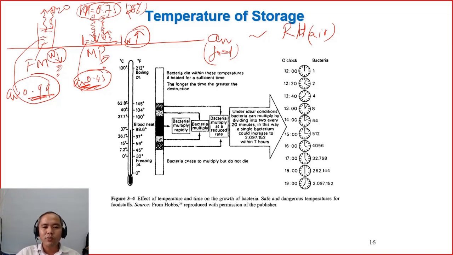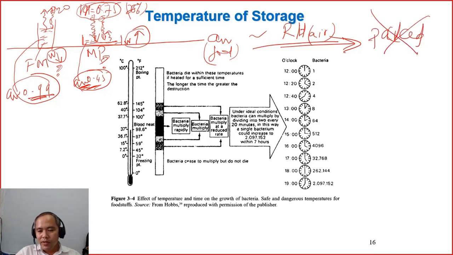Okay, and then what will be the result? This will be the case like the example I gave you already. If your food is not packed very well, then your food will change its water activity. Newly absorbed water in the food will be quite free.